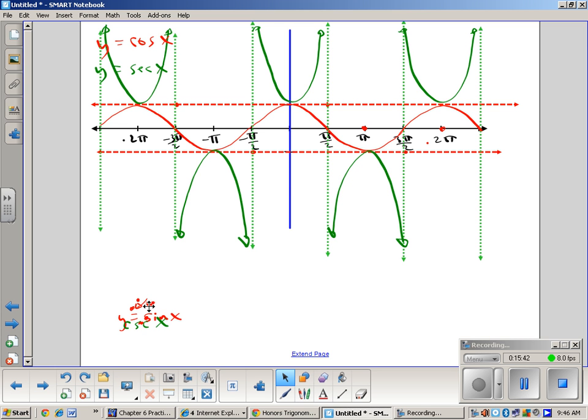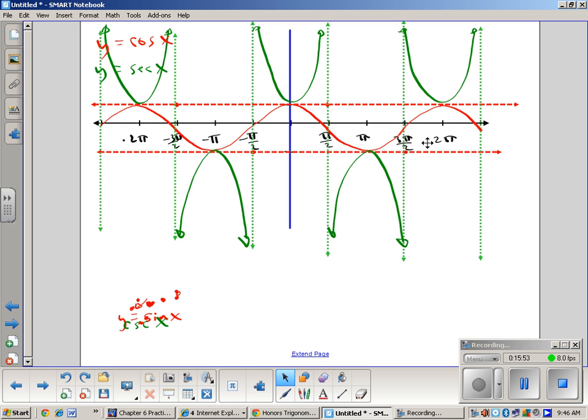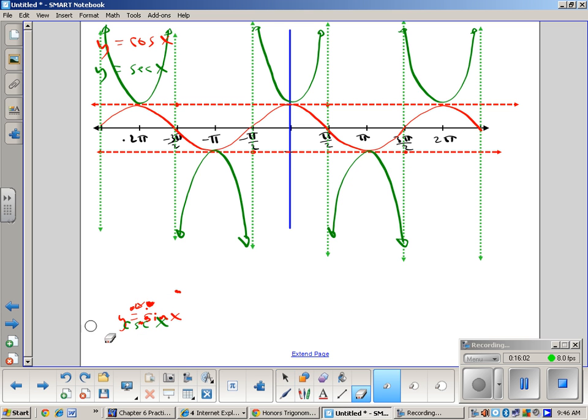Now we have the graph of the secant, which is the, I didn't mean to say inverse, I meant to say the reciprocal of the graph of the cosine.